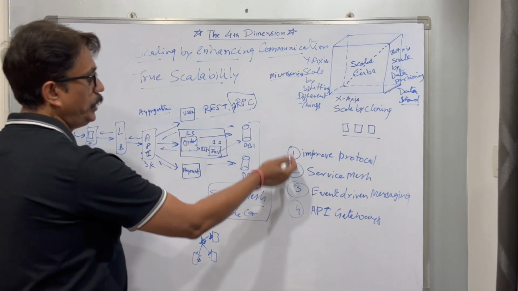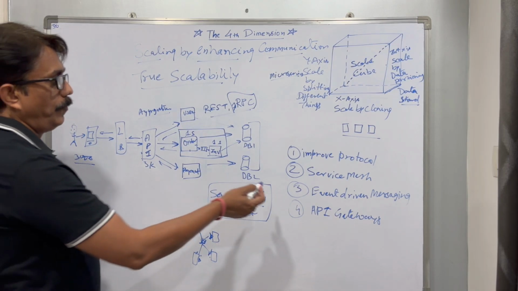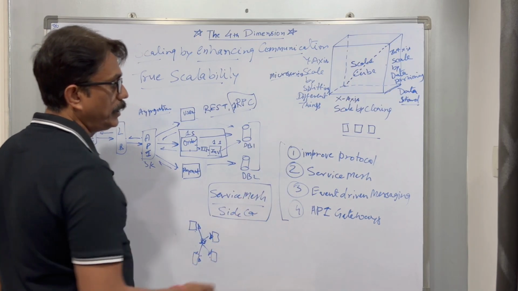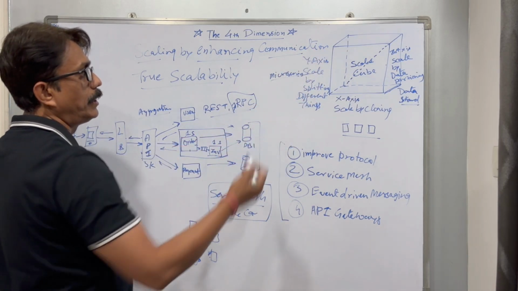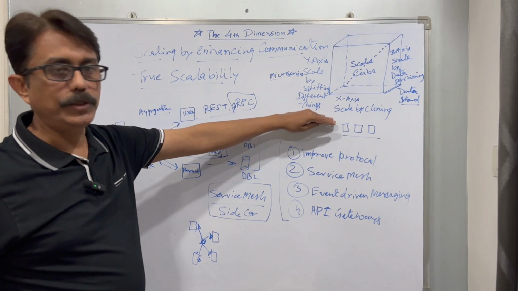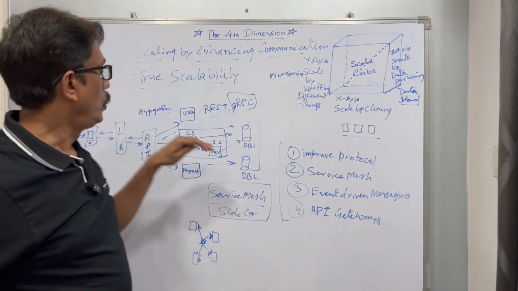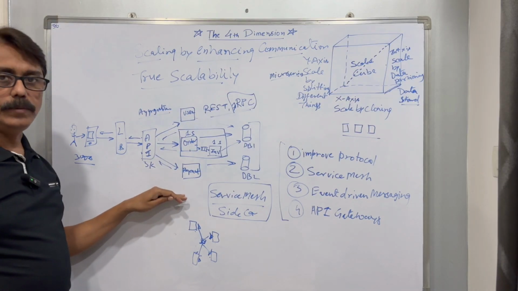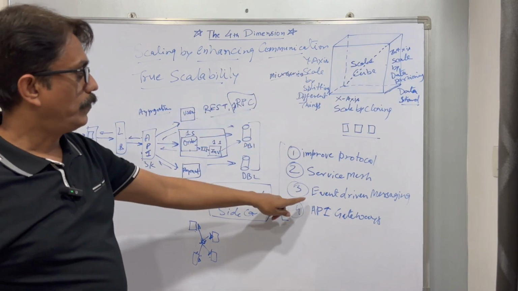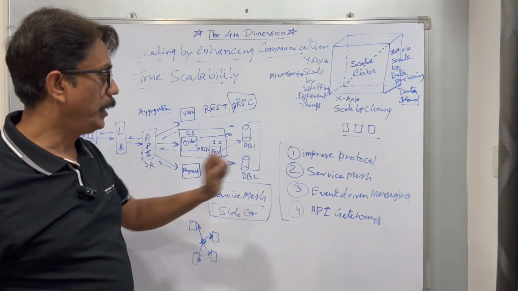Now, why do we want to use this as a 4th dimension? Because if we don't consider this as a 4th dimension, then this cube is incomplete. This cube is focusing only on these 3 aspects to scale a system, whereas the important aspect of enhancing communication is missing.